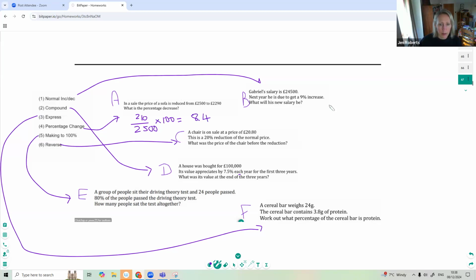B, just the amount times the multiplier. The multiplier for an increase of 9% is 1.09. 24,500 times 1.09. 26,705.